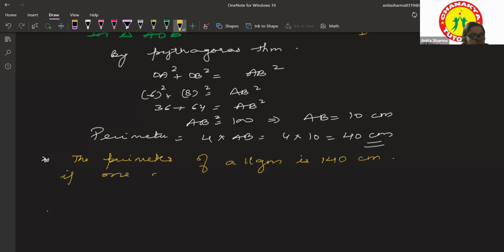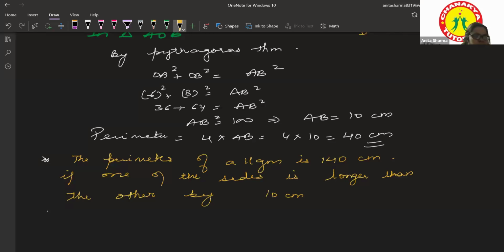If one of the sides is longer than the other by 10 centimeter, find the length of the sides. Calculate it fast. Very simple question.